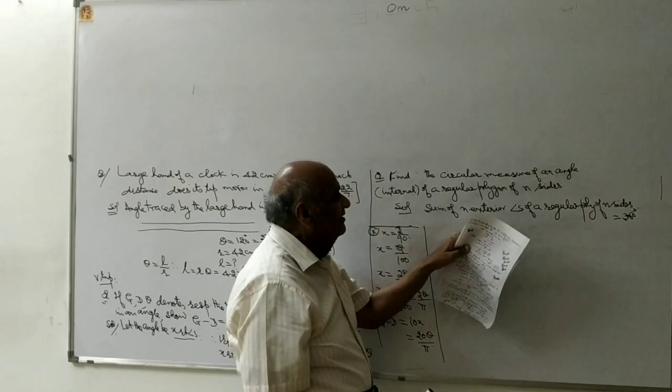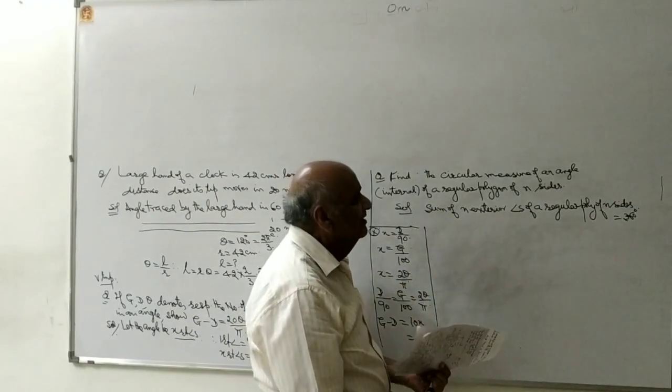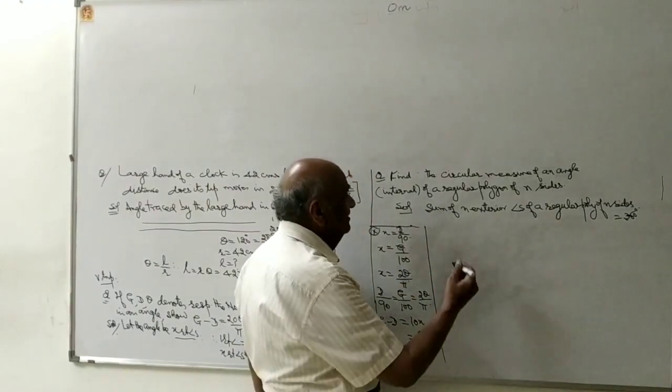The sum of n exterior angles of a regular polygon of n sides is 360 degrees.